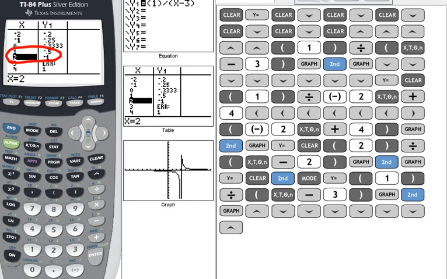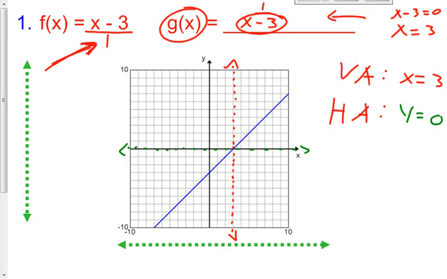So let's put those on our graph. 2, -1, and at 1, -0.5. And then it's just going to follow these asymptotes. Then let's do the same thing for the right side of our vertical asymptote.